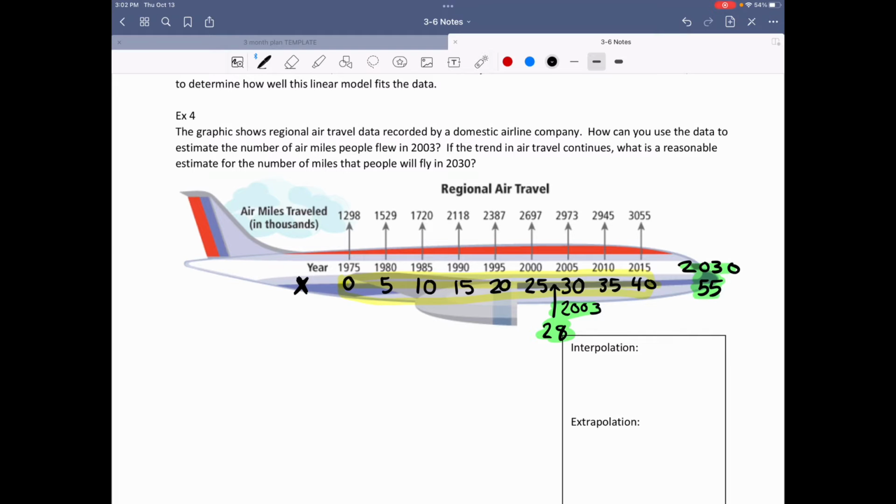And so that'll go into list 1. So go to your stats on your calculator, type that into list 1, all of these numbers for your x values. And for your y values, those are going to go into list 2, and that will be all of these numbers. And that's the air miles traveled. Okay, so it looks like air travel is increasing. That's what I would say.